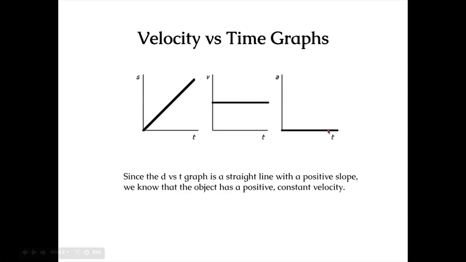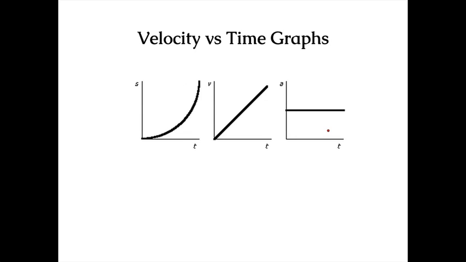So let's take a look at another type of motion. In this type of motion, we'll notice that the displacement versus time graph is a curve. If we graph the velocity versus time for this type of motion, we'll notice that it's a straight line with a positive slope, just like the displacement versus time graph in our last example.